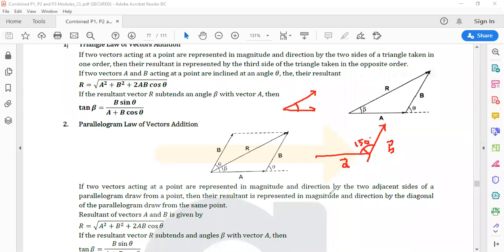Now tell me, what is the angle between vector A and vector B? Message me, everyone. Everyone should message.